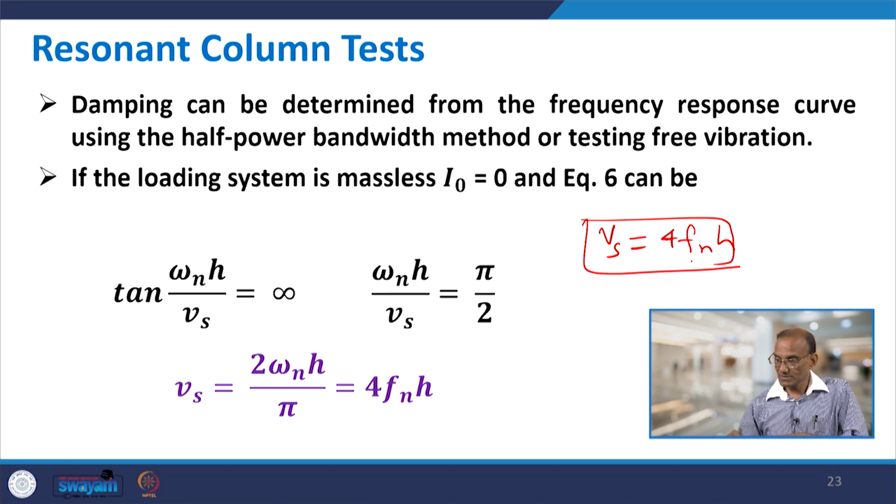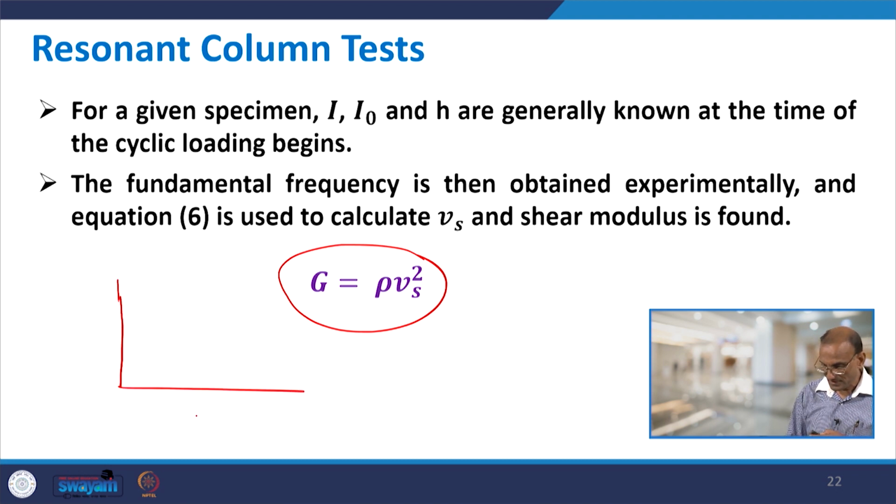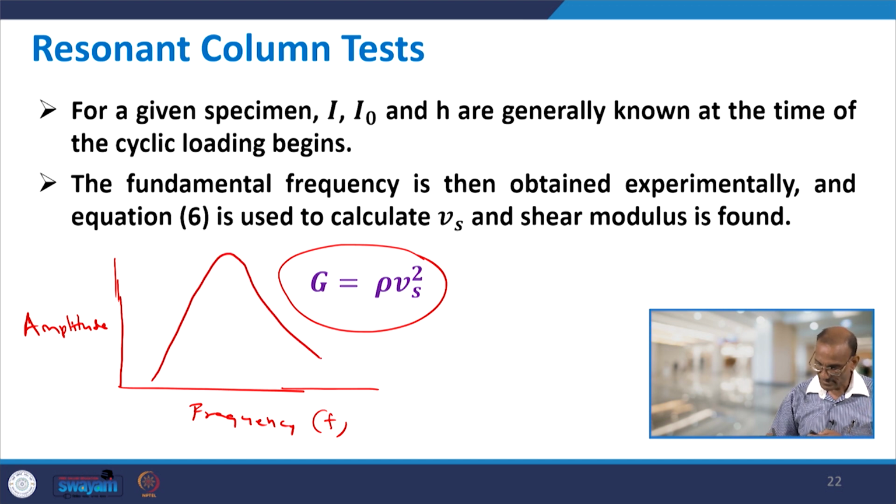So, the issue here is that we need to find only Fn. What you do in this case is draw an amplitude versus frequency curve. You have the frequency, let us say f, on the x axis and the amplitude on the y axis, and your curve comes like this. Wherever the peak value occurs, this is called Fn.